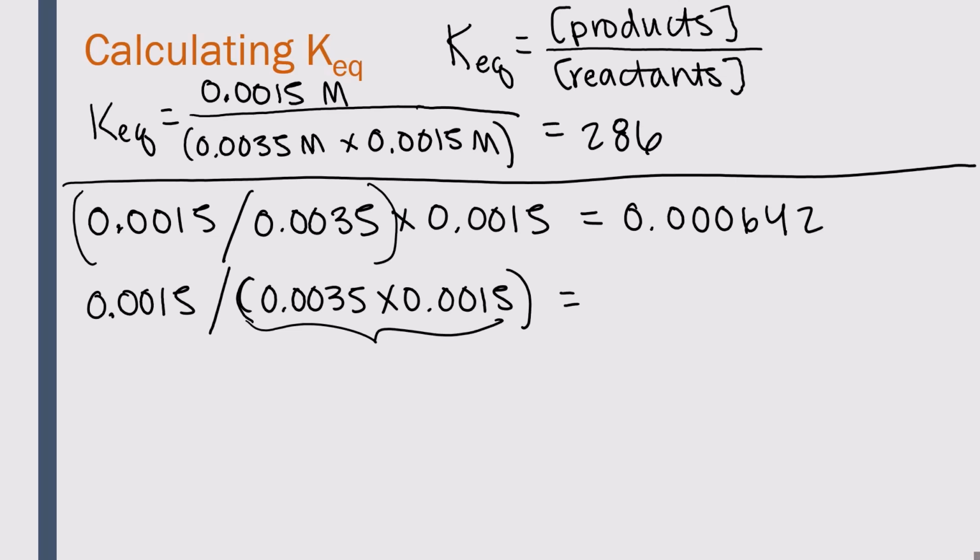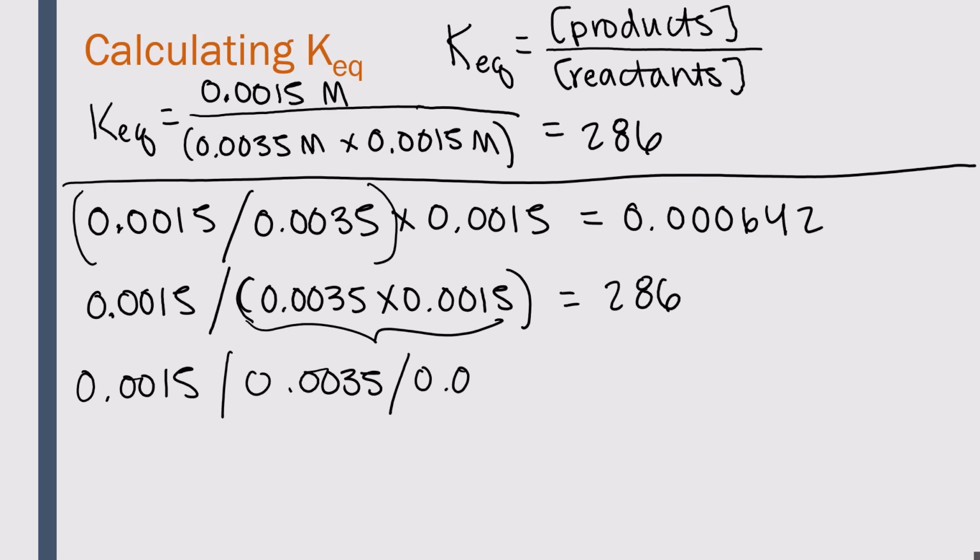And that would give you the right answer. Another thing that you could do would be to, again, type out all your numbers with division signs between them. Because when a calculator sees a division sign, it tells it to put that number into the denominator. So this would also give you 286.